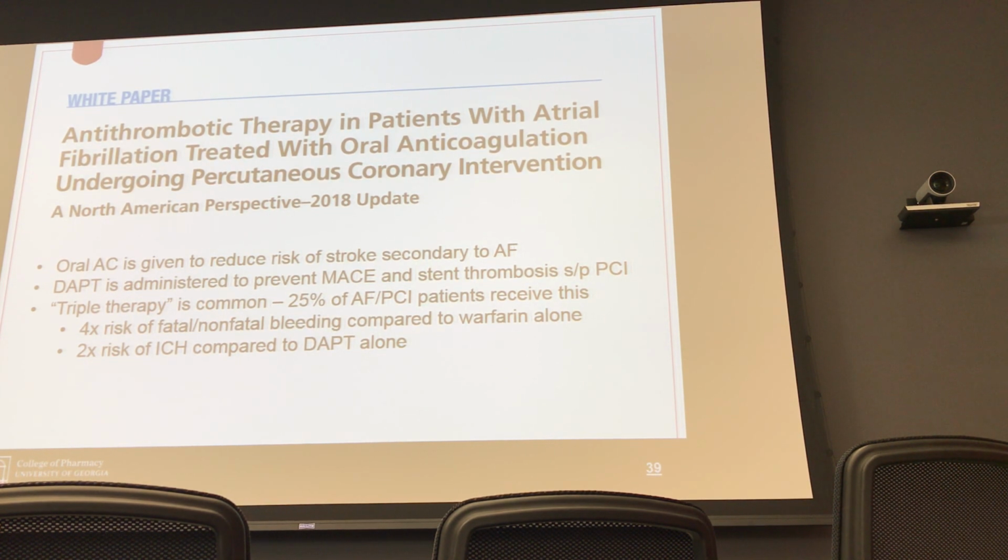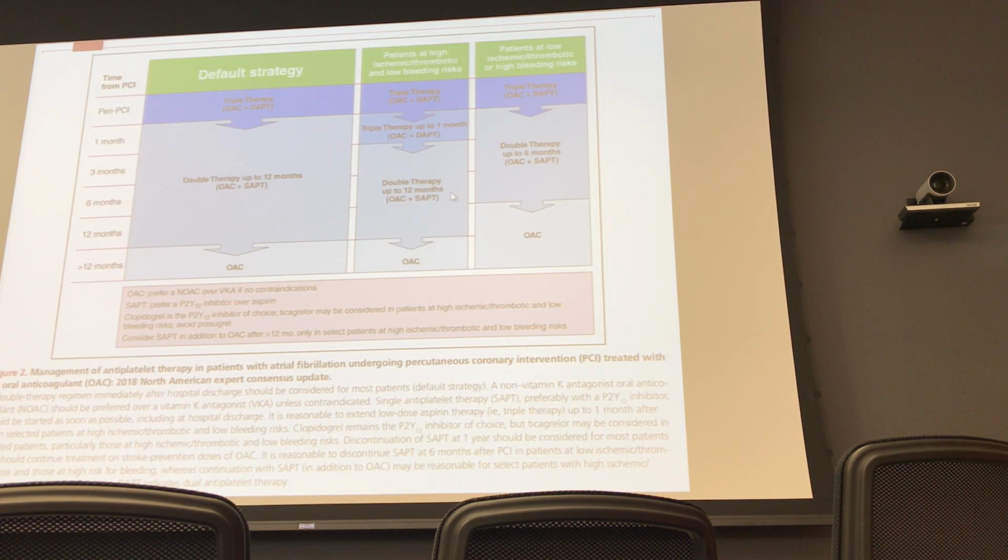Fortunately, this has come out, which has been really, really helpful, and it was a white paper by the American Heart Association. And so what it says is it gives you this lovely little chart that tells you exactly what they think you should do. So basically where we are with him is that he can probably be on what they're saying is double therapy. So he can be on a P2Y12 and Eliquis or apixaban.